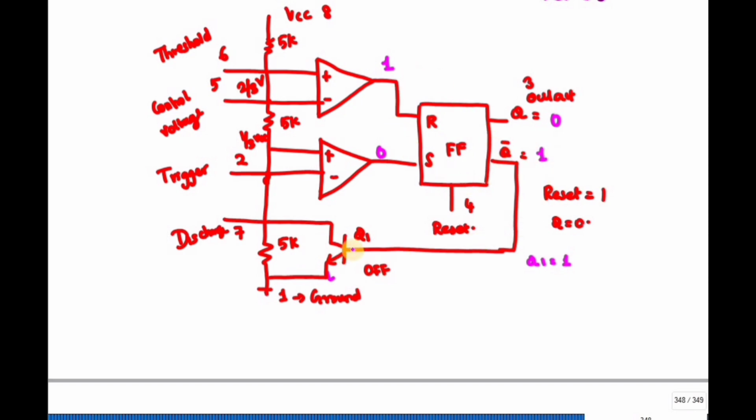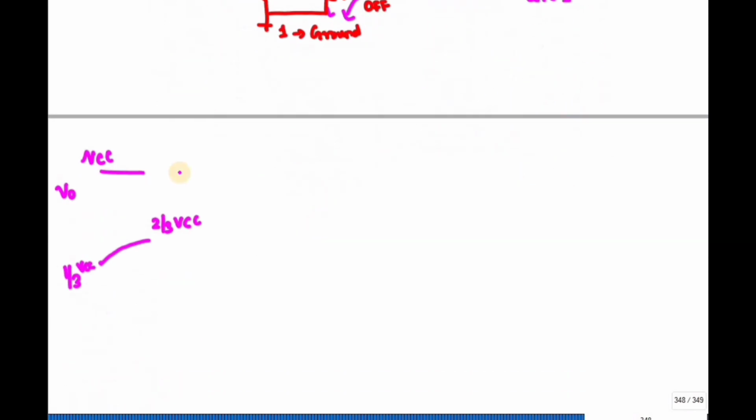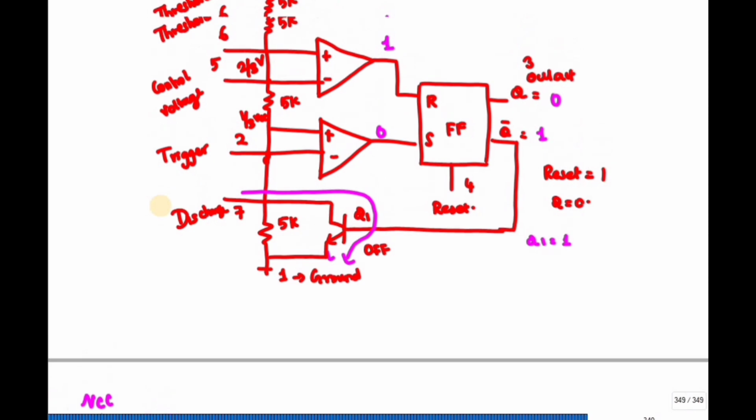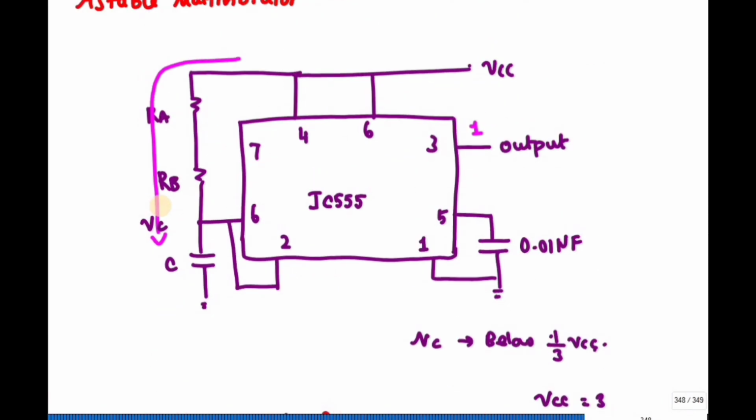Since Q is 1, the discharge pin will start to discharge through this transistor, and it will reach the ground. Whenever it reaches the 2/3 value, my output goes to 0 and the discharge pin gets activated.